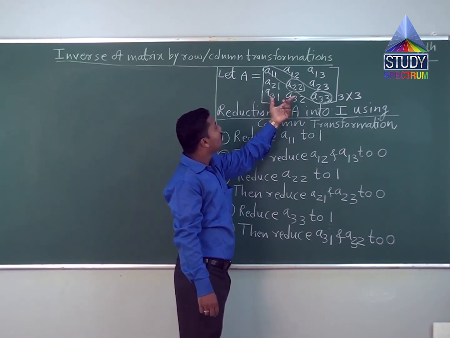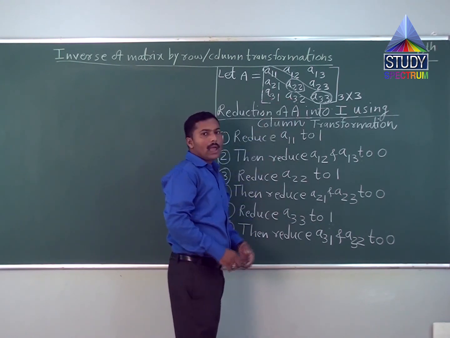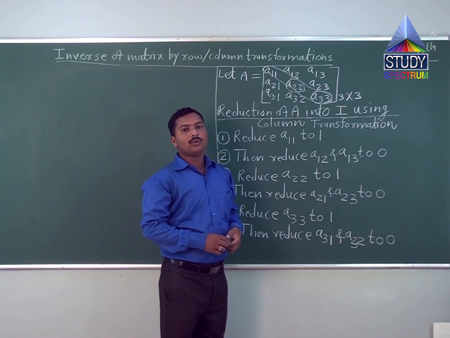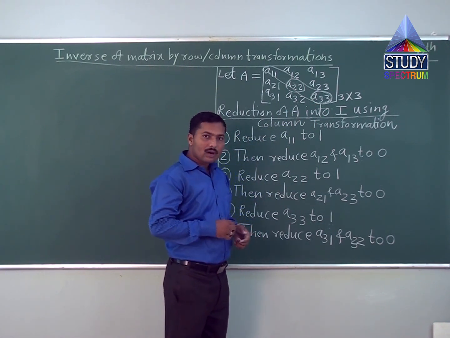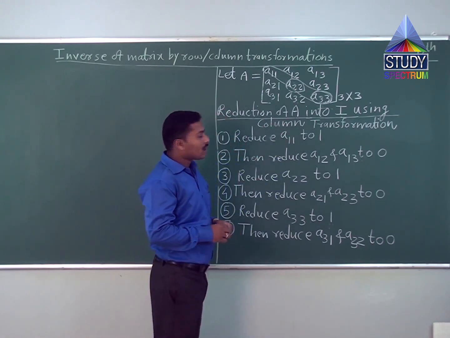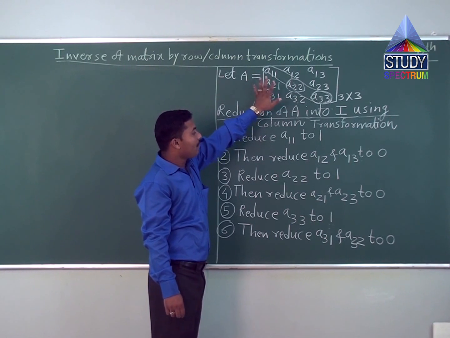By using these operations we convert these two numbers also to 0 and we get all diagonal numbers as 1, and the remaining 6 numbers are 0, and this becomes the identity matrix.